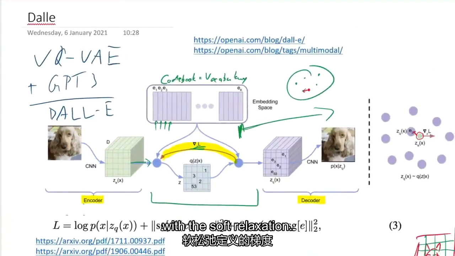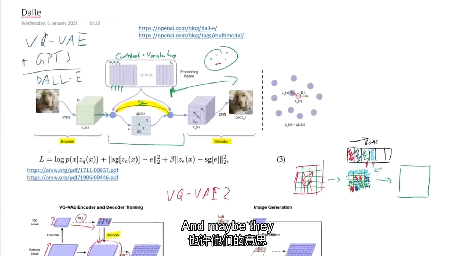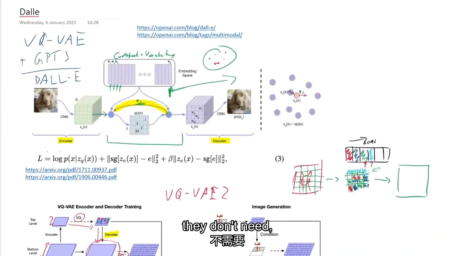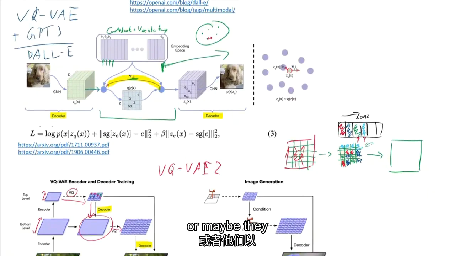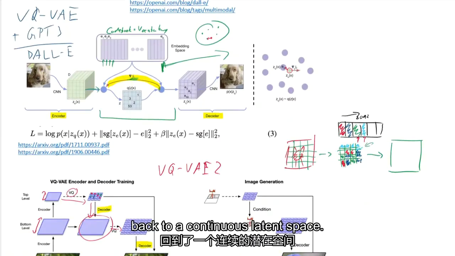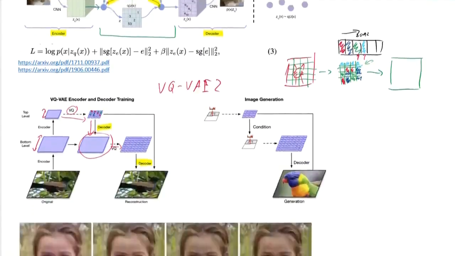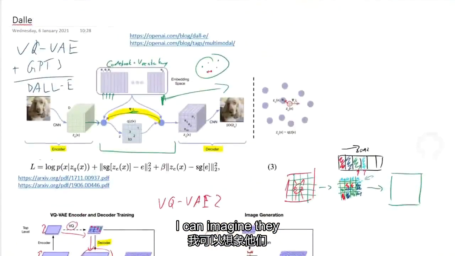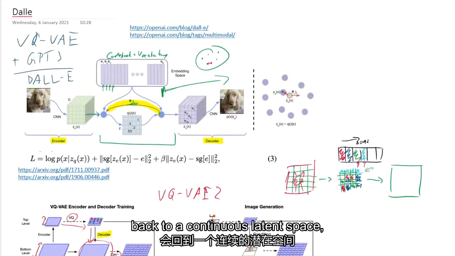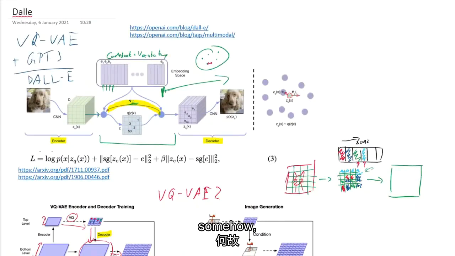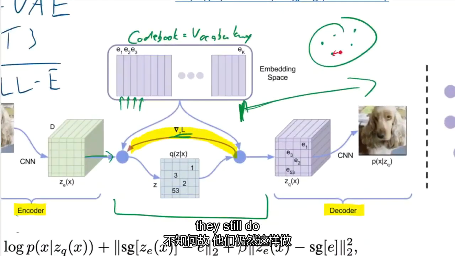With the soft relaxation, you do have a gradient, and maybe they just mean they don't need this hard assignment to the codebook. I'm not sure. Or maybe they quantize in a different way. Maybe they go back to a continuous latent space, but somehow they still do a form of quantization.